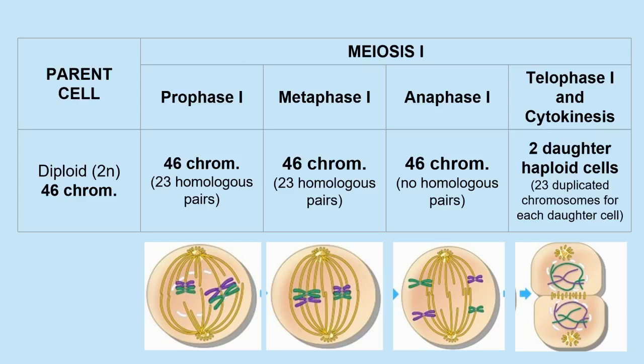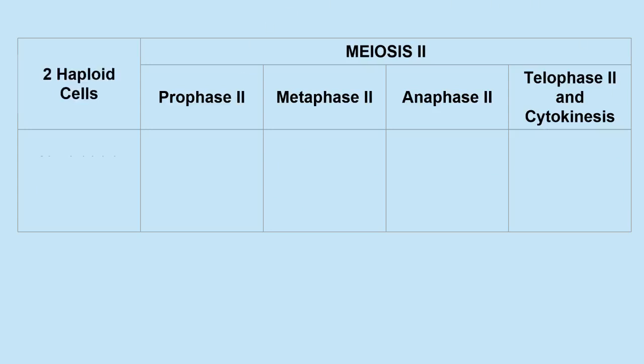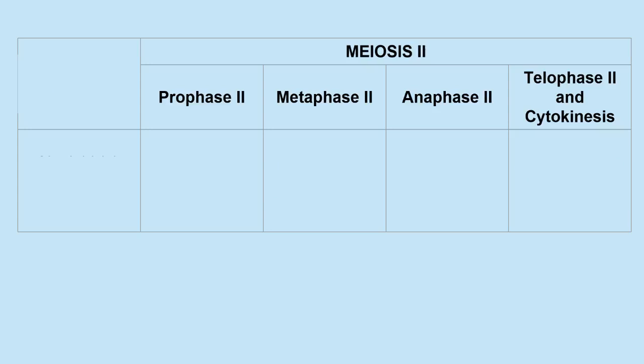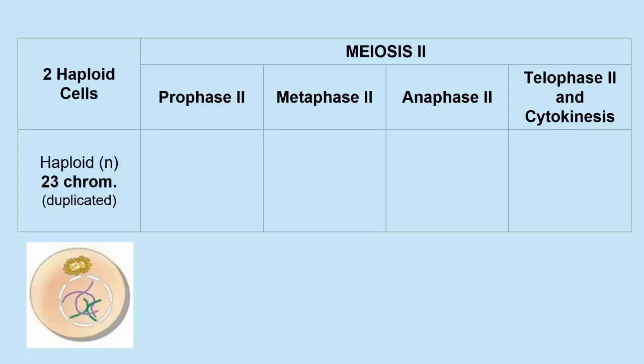How about meiosis II? In meiosis II, let us have the basis for the 2 haploid cells that are formed right after the meiosis I. So 2 haploid cells, we have in each haploid daughter cell, we have 23 chromosomes that are still duplicated.